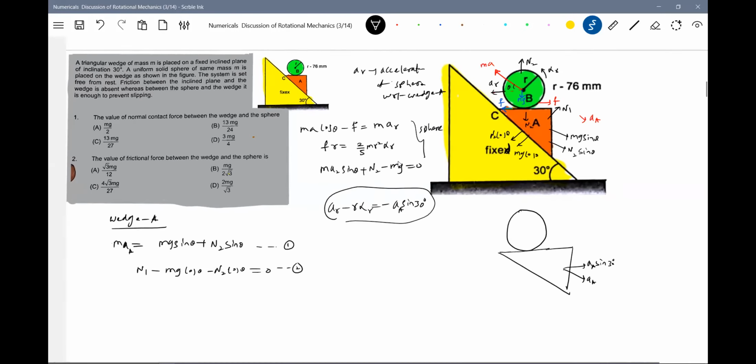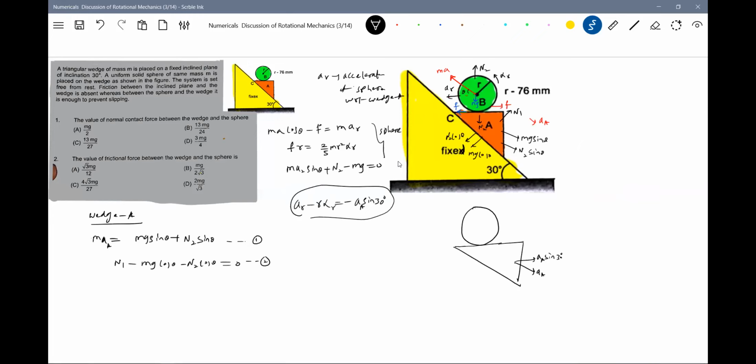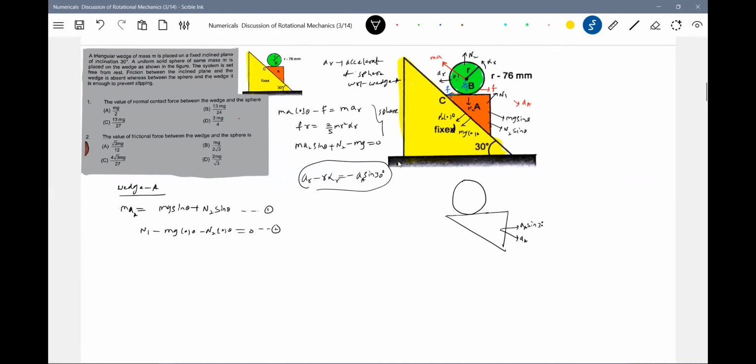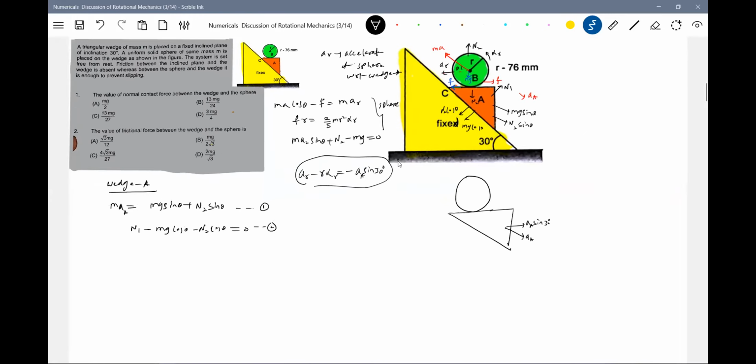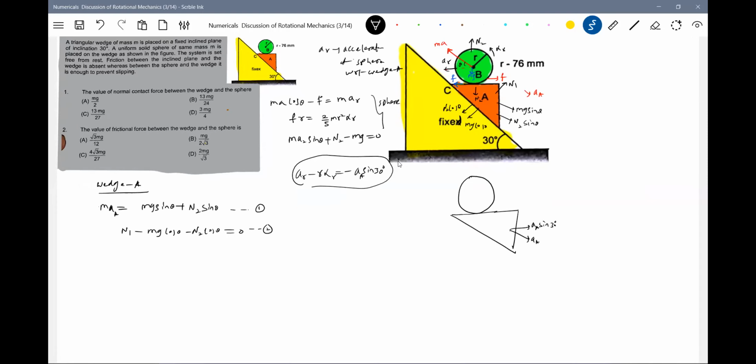Let me adjust the position of this. Oh, we have so much of space. No, acceleration of the wedge along A will be, because this angle is 30, so this will be 30 degrees. I'll write it a little bit big. Cos 30 will come.